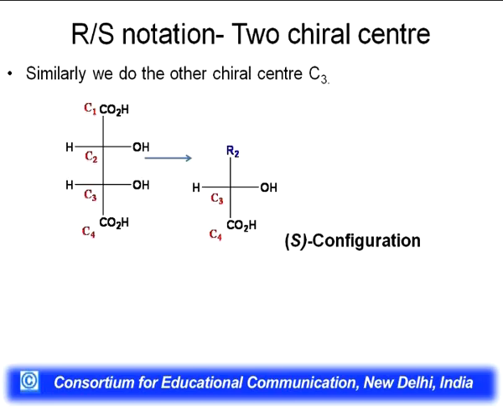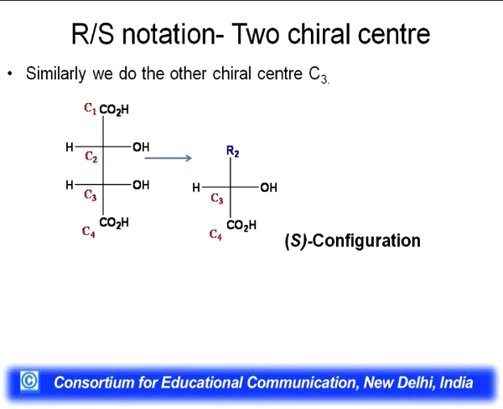So, you can do it by yourself, and this way you get the configuration of the C3 carbon as S configuration. Now, you can correlate it with the meso compound. Meso compound, can you look at the screen again one more time? The meso compound is having optical inactivity.